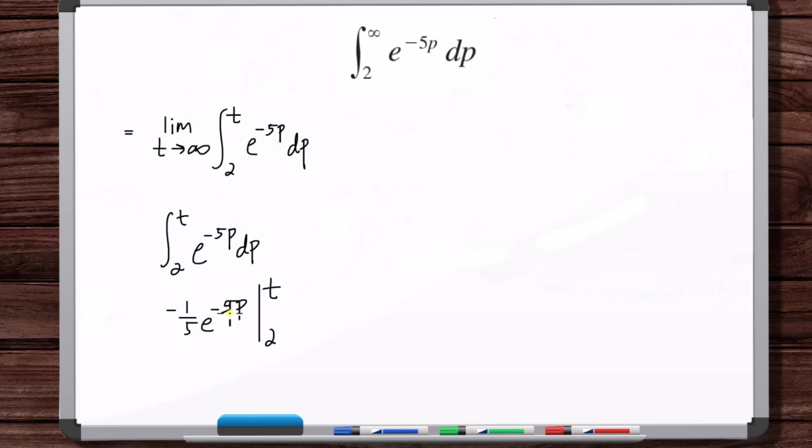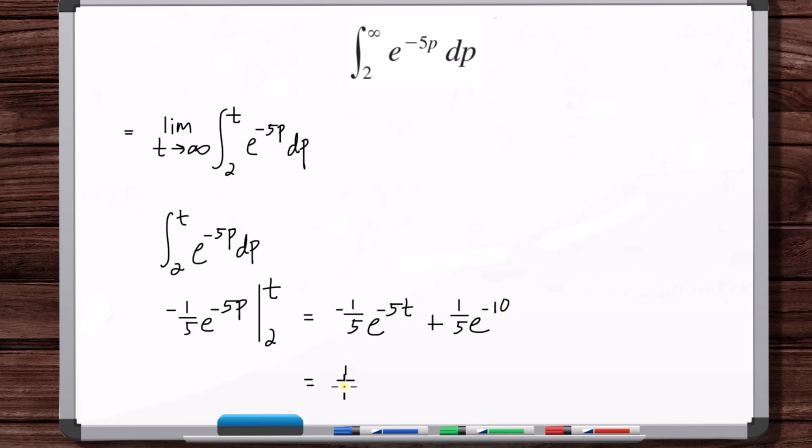The derivative of e to the minus 5p is minus 5 times e to the minus 5p. So we've got minus 1/5 times e to the minus 5t minus 1/5, so plus 1/5 e to the minus 10.